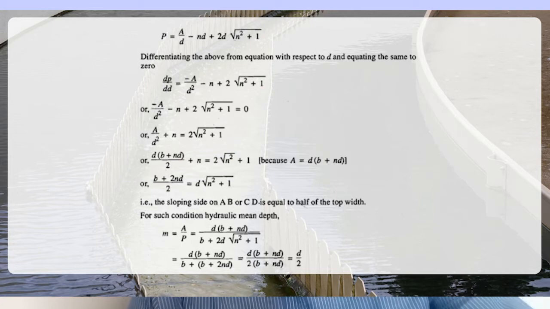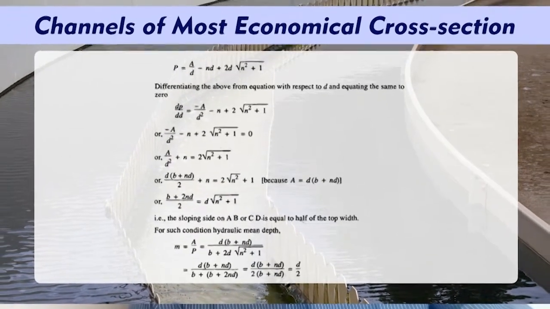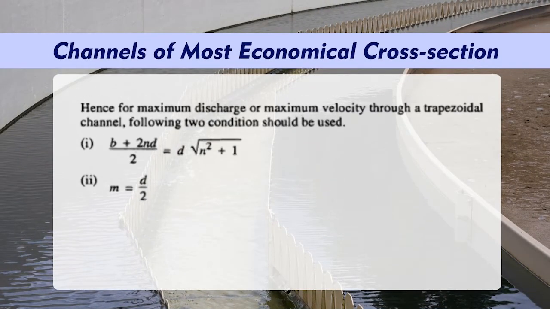For such a condition, hydraulic mean depth m is equal to A by P, which is equal to D by 2. Hence, for maximum discharge or maximum velocity through a trapezoidal channel, the following two conditions should be used: B plus 2nD upon 2 is equal to D into root n square plus 1, and m is equal to D by 2.